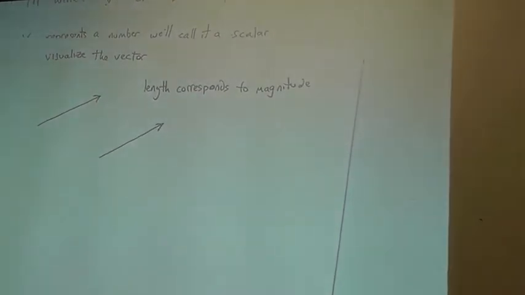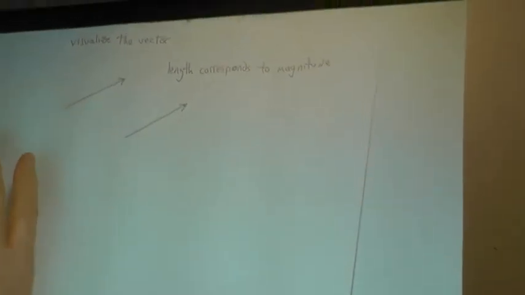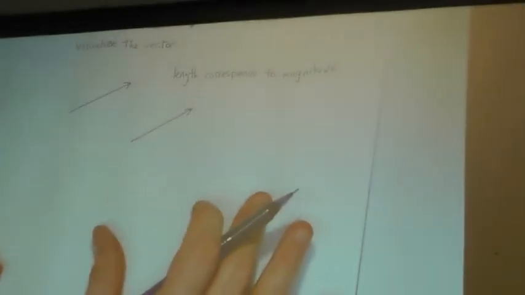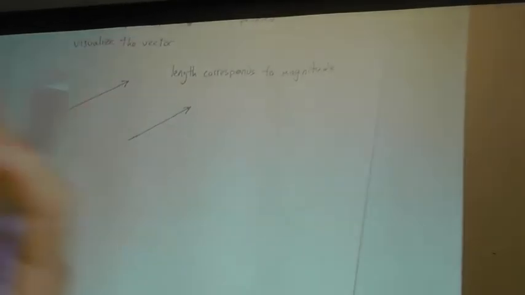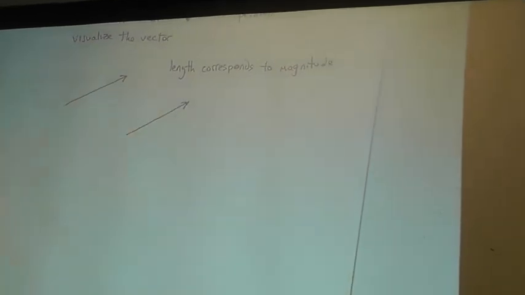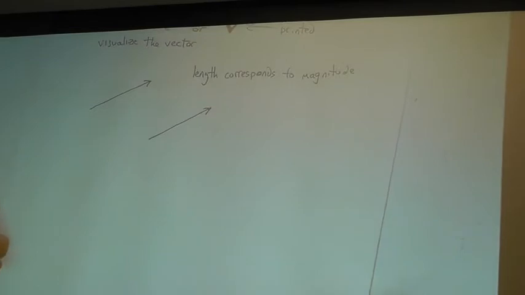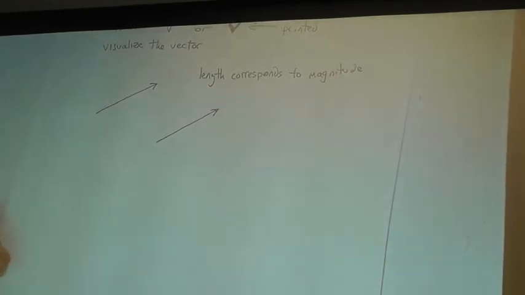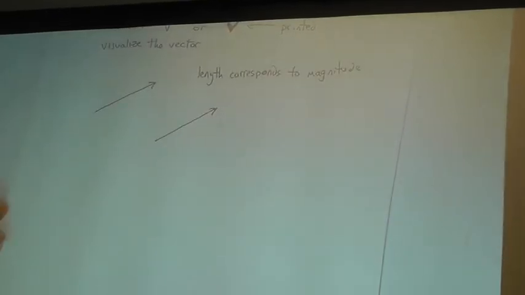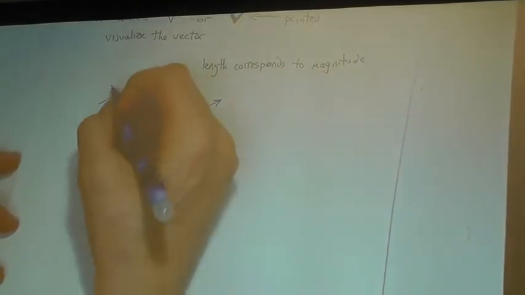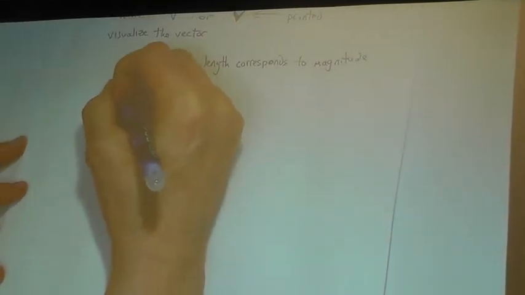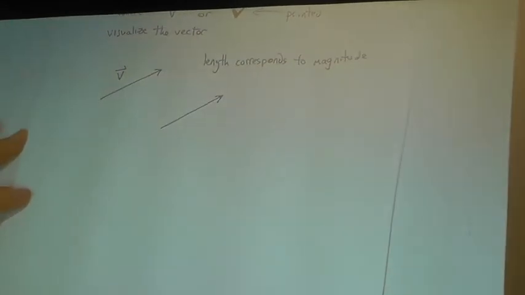Okay? Now, I'm just doing this with pictures right now. When we come back on Thursday, I'll start moving into doing this with the symbols, representing with numbers. But when I have a vector, I can multiply that vector by a scalar.